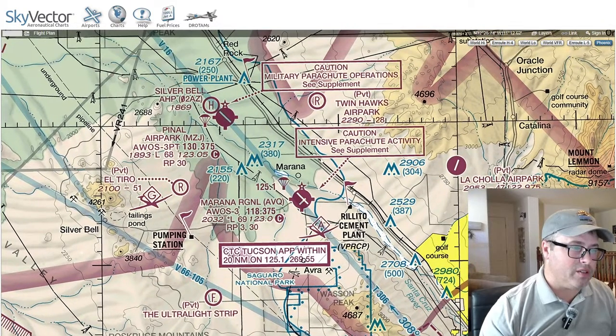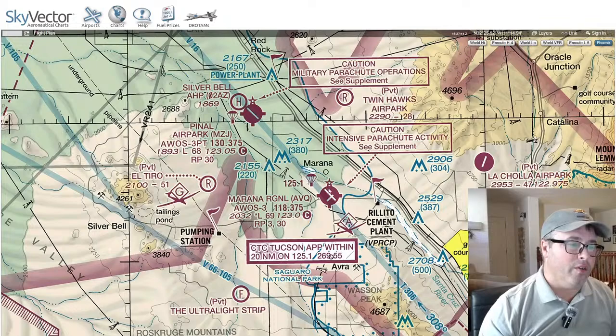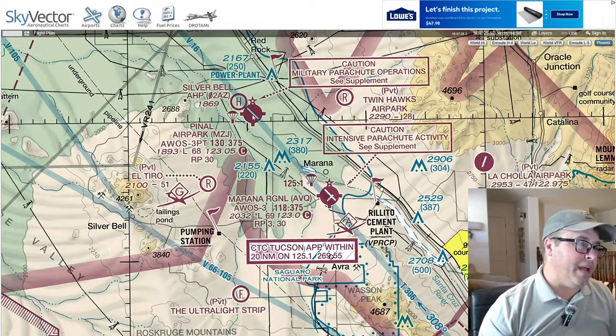Parachute jumping activities, okay? And you've got these little boxes. Caution, intensive parachute activity, see supplement. And you've got the parachute activity. Caution, military parachute operations over in this area. Now, at Marana Regional, the symbol is up here to the northwest, and over here at Pinal Air Park, the parachute symbol is kind of to the west and almost the southwest.